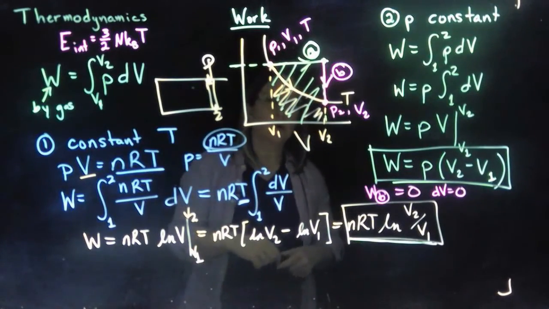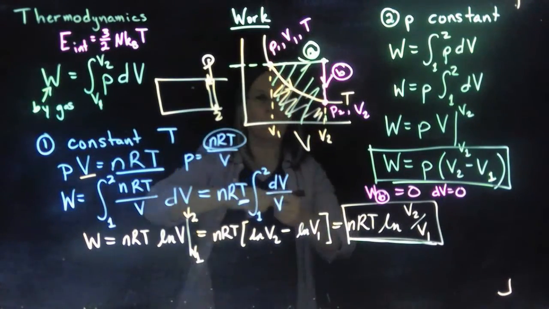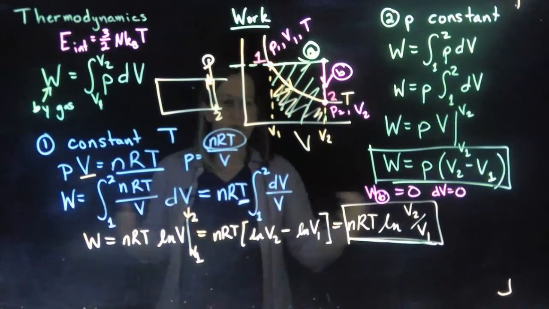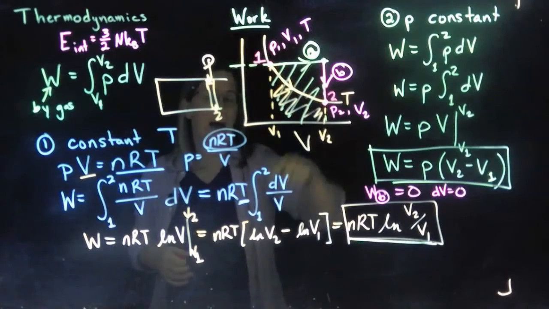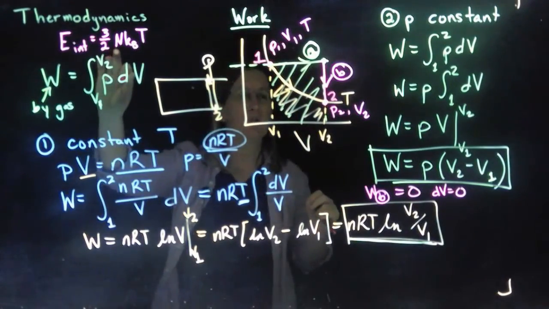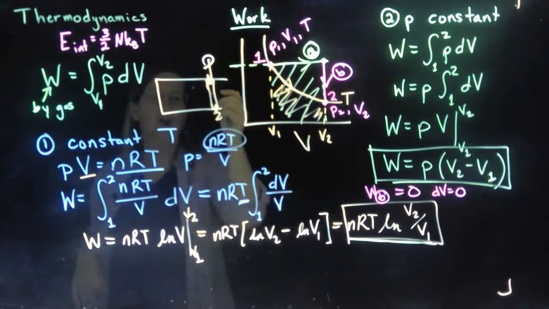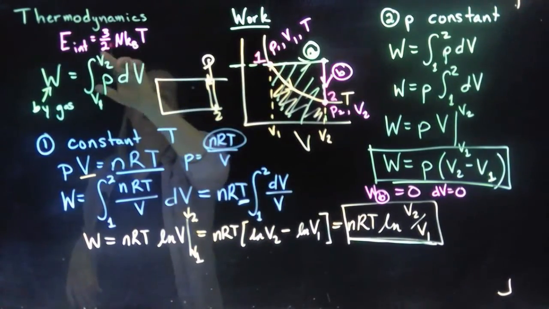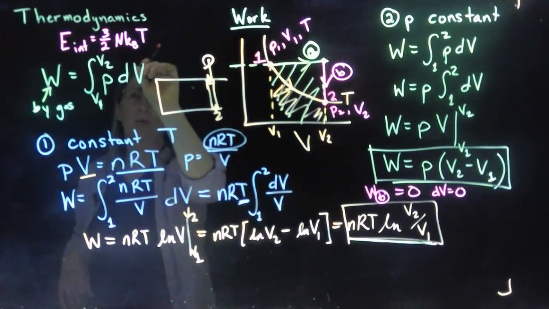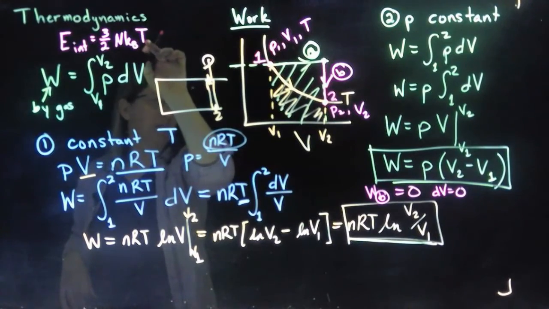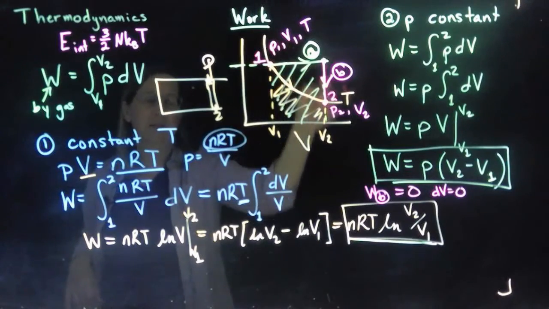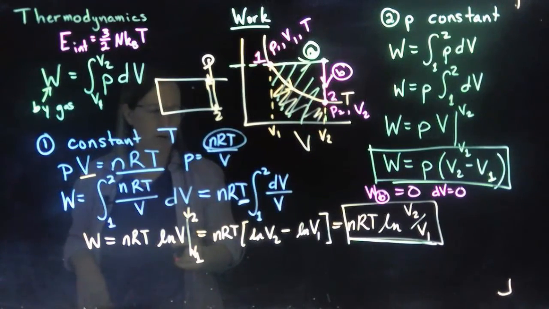Okay, so the point is I can go from point 1 to point 2, and I can have different amounts of work done, different paths, but I can have the same change in internal energy. The internal energy at point 1 is 3/2 NkT1, we didn't change the number of particles, and the internal energy at point 2 is going to be the same no matter which path we took.